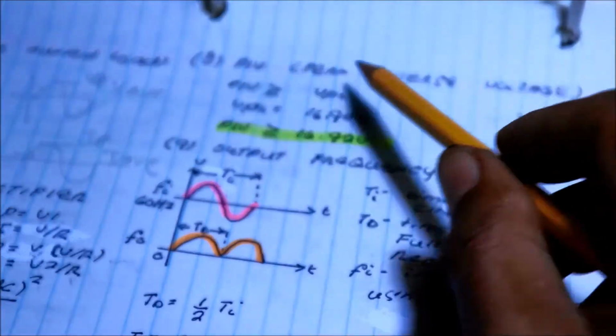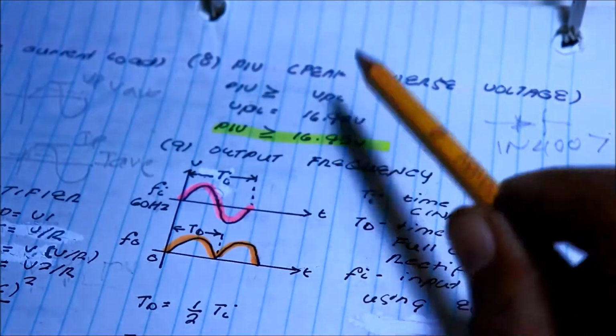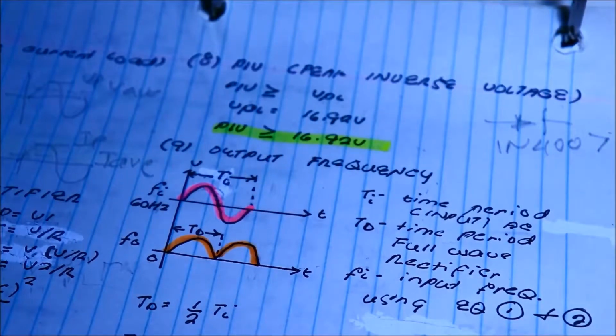Peak inverse voltage should be greater or equal to voltage peak of the load. Should match to the voltage peak of the load. Should be greater than or equal to the voltage peak of the load. We're always using the voltage peak for the computation.